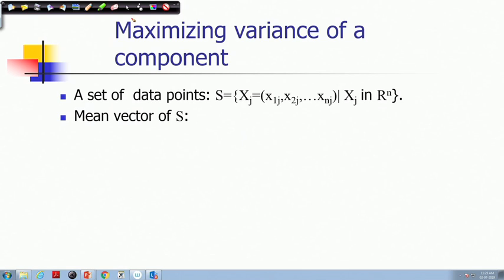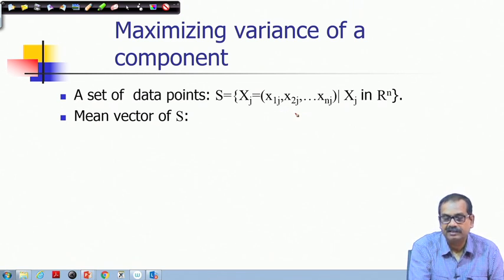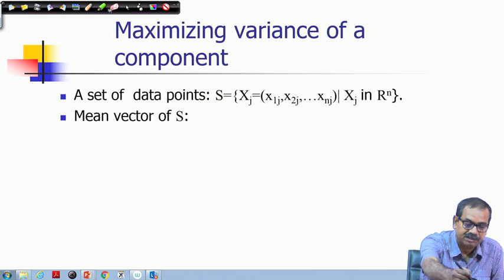We have a set of data points, and we are representing them in this way: if I have xj as a vector, then for the jth vector there are small n components, and each component is a variable, indexed as the ith component xij. That is how we are representing it.